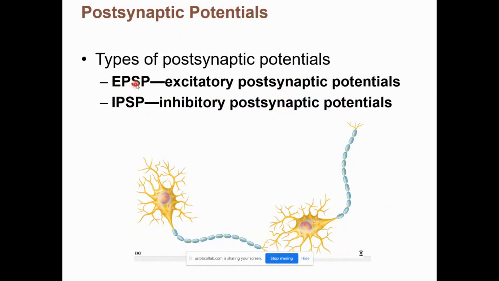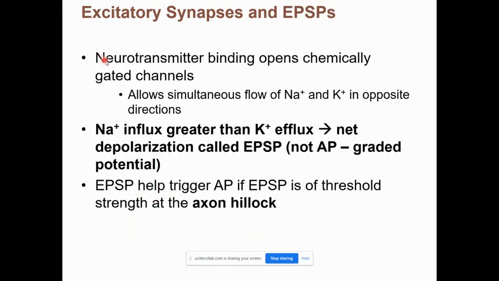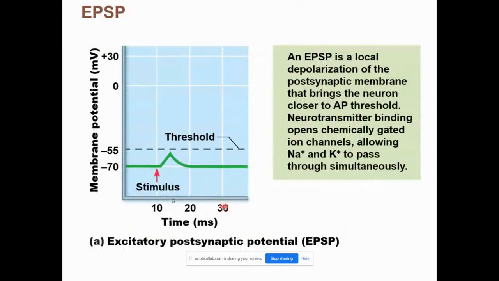So we call them EPSPs or IPSPs, excitatory or inhibitory postsynaptic potentials. With excitatory, or EPSPs, well, more sodium coming in than potassium going out, that's fine. What that's saying is if it's a graded potential that's moving close, well, it's excitatory, right?